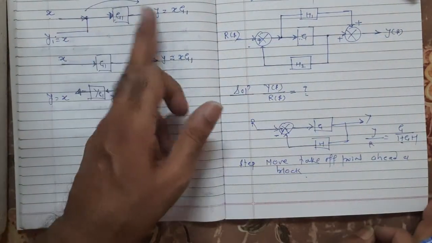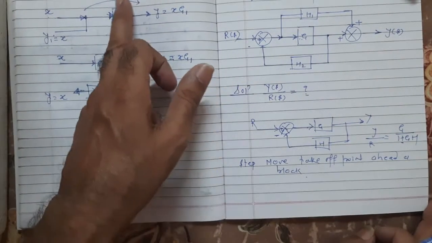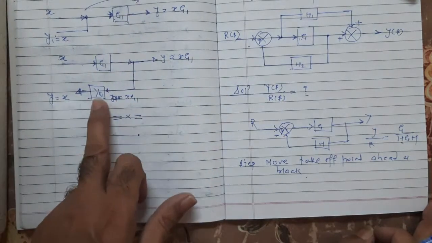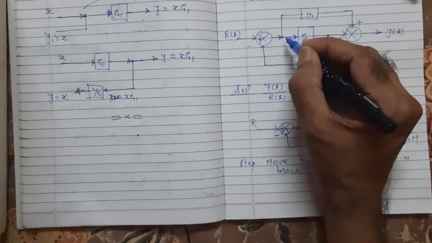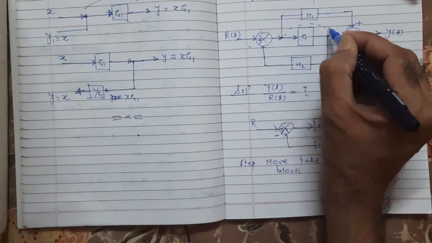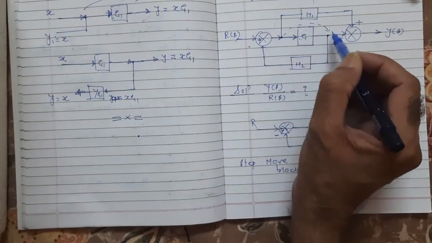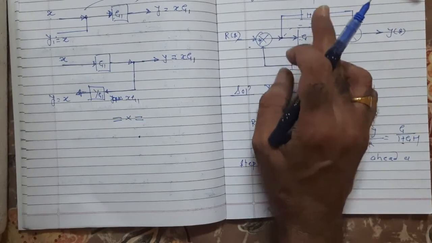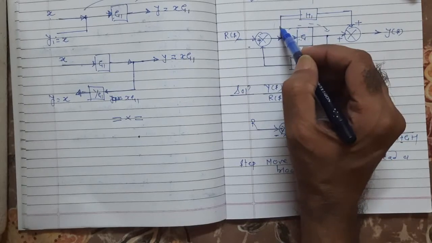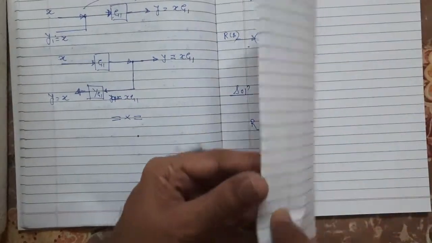So when we move the takeoff point after a block, what happens here? We have to add the reciprocal of that G into the takeoff point. Which takeoff point are we moving? This takeoff point we are moving after the block G. So the equivalent, that is 1 by G, we will add into the takeoff point. So what will be our diagram?